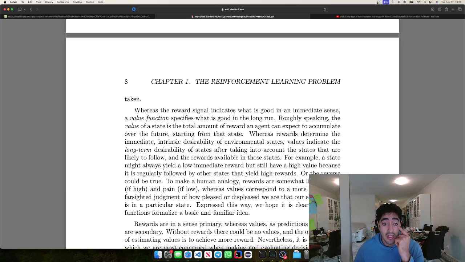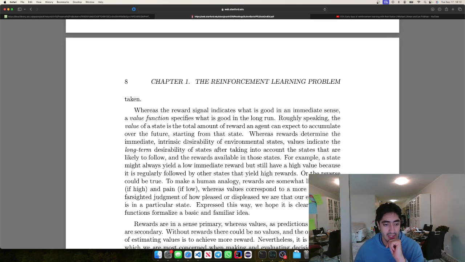Roughly speaking, the value of a state is the total amount of reward an agent can expect to accumulate over the future, starting from that state, whereas rewards determine the immediate intrinsic desirability of environmental states. Values indicate the long-term desirability of states after taking into account the states that are likely to follow and the rewards available in those states.